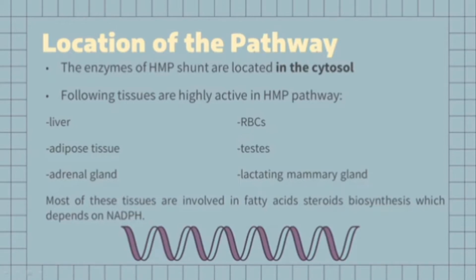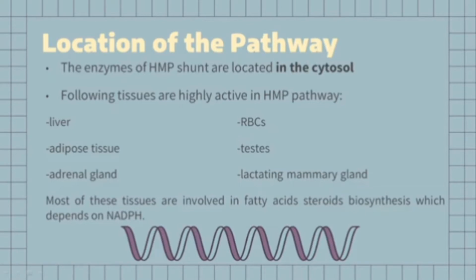Tissues such as liver, adipose tissue, adrenal gland, RBC, testes, and lactating mammary gland are highly active in the HMP pathway. The liver filters all of the blood in the body and breaks down poisonous substances. Adipose tissue is the energy storage. It also provides insulation and protection for organs, and it is primarily made of adipocytes.